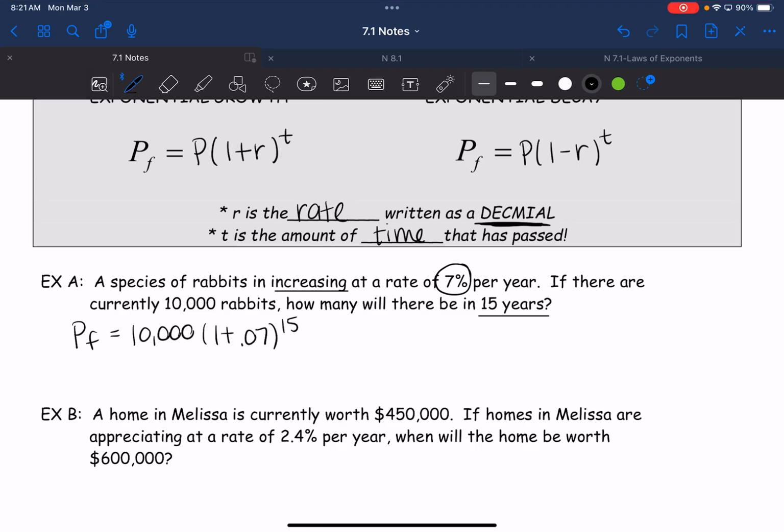Okay. So there are no variables in what we just came up with, so you can type that into your calculator exactly as we wrote it here. So 10,000 times (1 plus 0.07) raised to the 15th power. And approximately what do we get there?